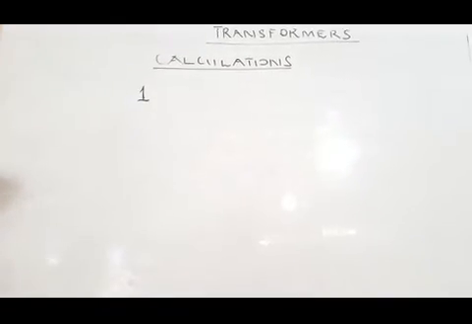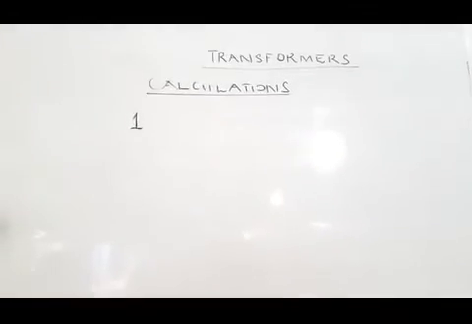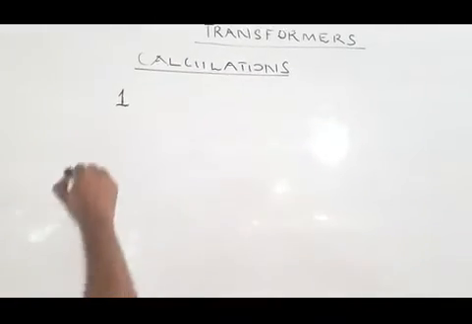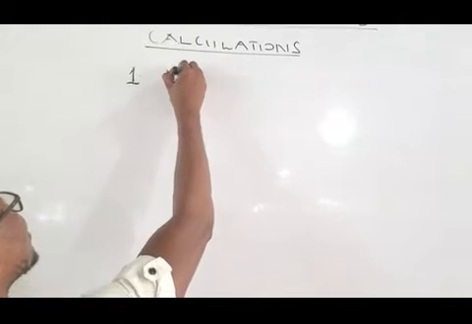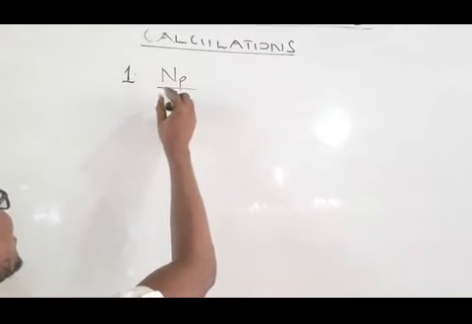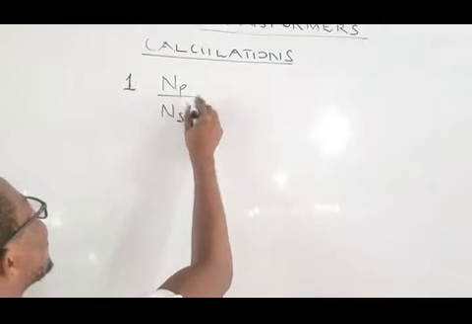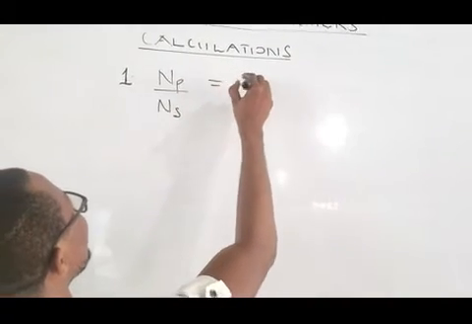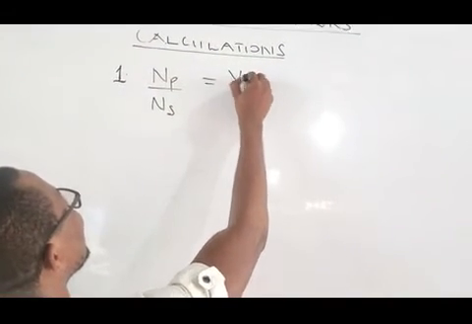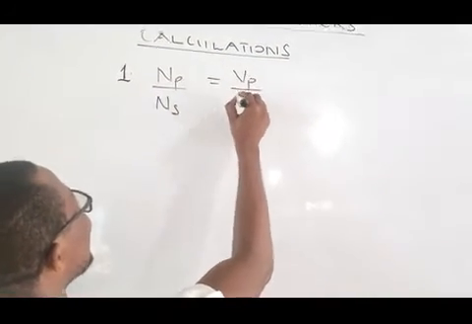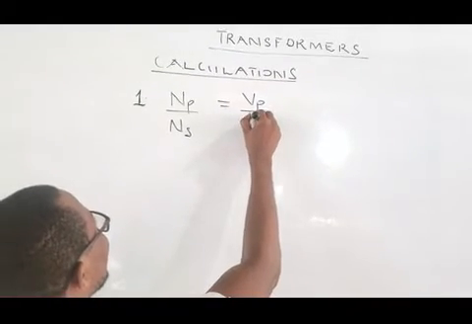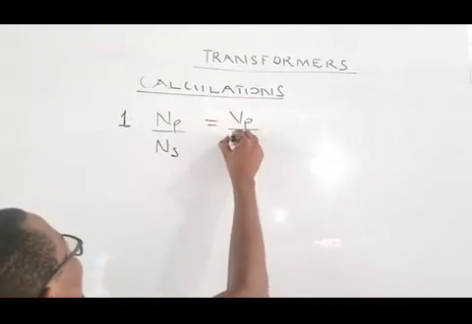So the equation that connects the number of turns to the voltage is given as the number of primary turns over the number of secondary turns is equal to the primary voltage over the secondary voltage.